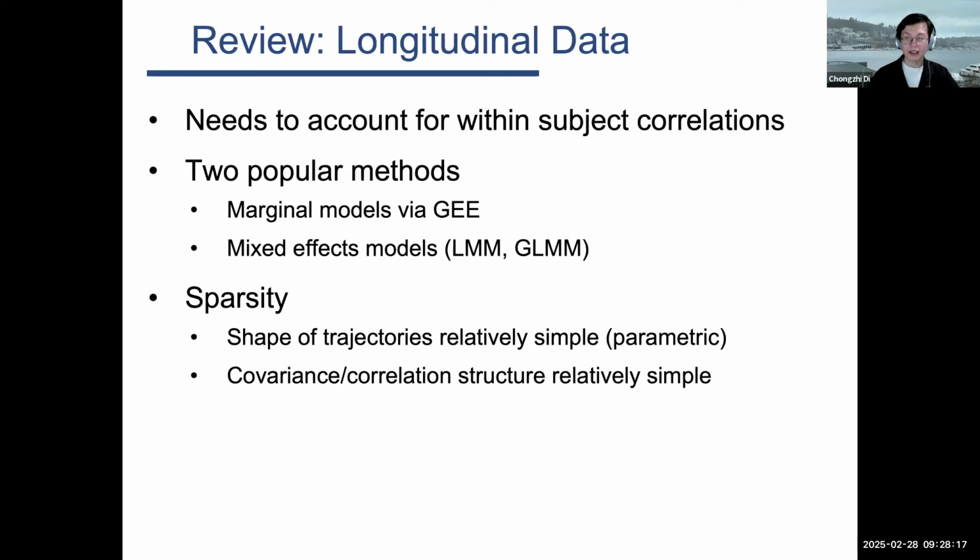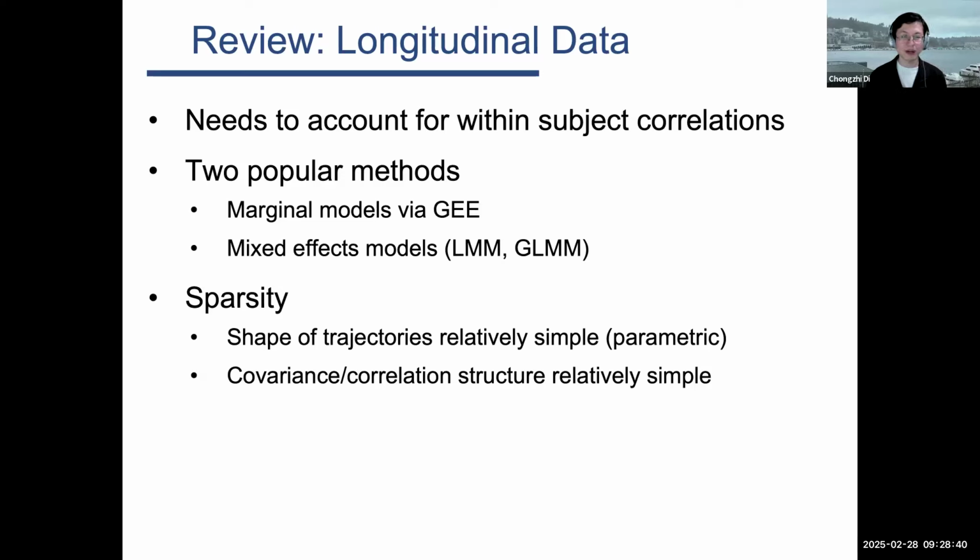Yeah, and so what are the implications of this in terms of analysis? Everybody here probably already knows that in longitudinal analysis, the most important aspect is we try to account for the within subject correlations.